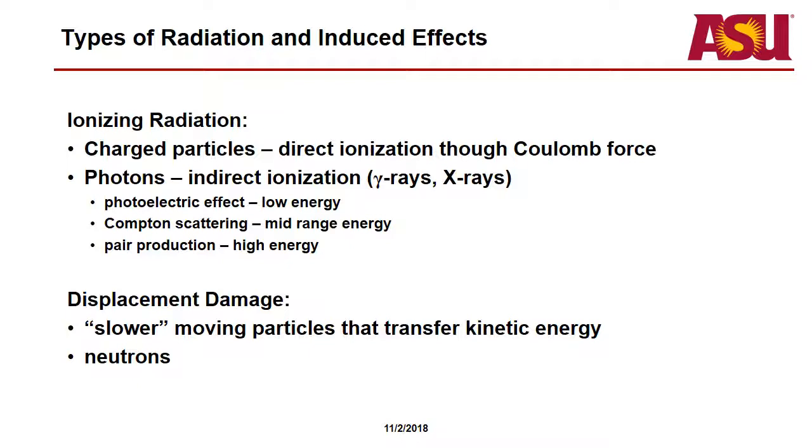You have the photoelectric effect, which is for low energy photons under a few hundred keV. There's Compton scattering, which is from about a few hundred keV up to 1 MeV. And then above 1.5 MeV, pair production can occur, which will cause a generation of charge.